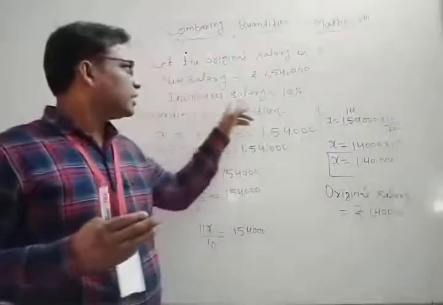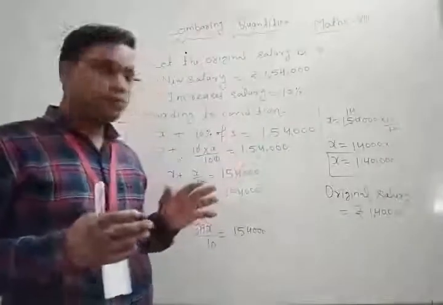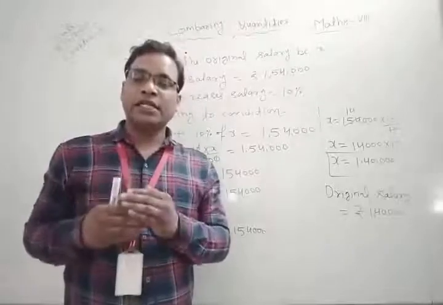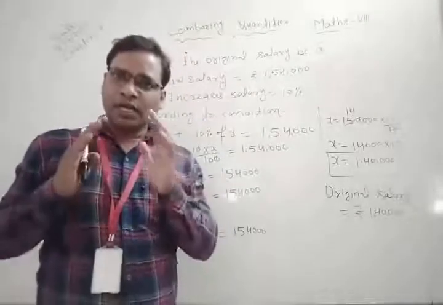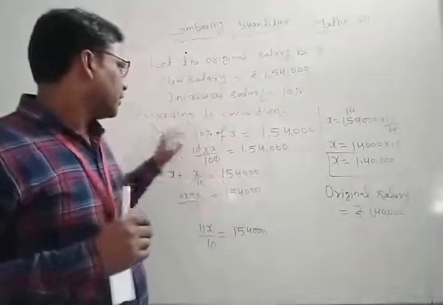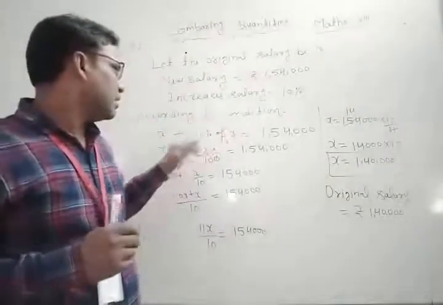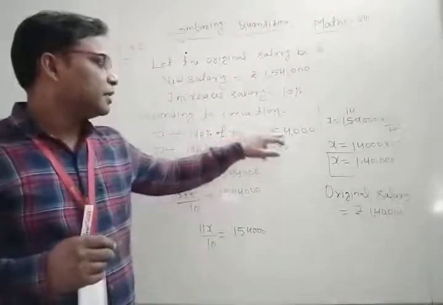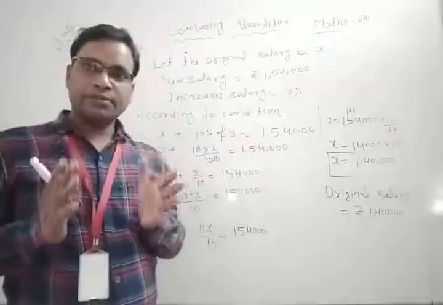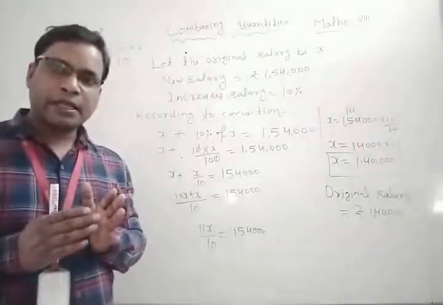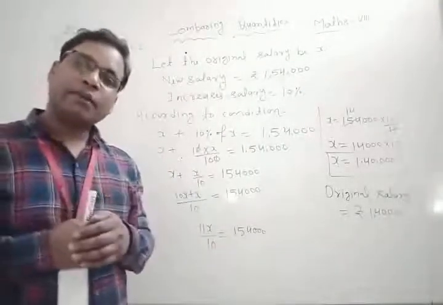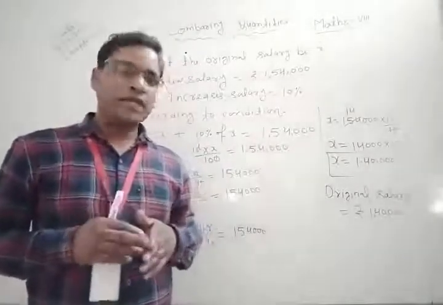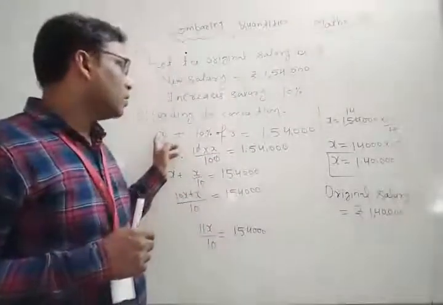This is the increased salary, 10%. If we sum the increased salary and original salary, then we obtain the new salary. So according to the condition, this is the original salary, this is the increased salary, and this is the new salary. The new salary is given here 1,54,000 and we let the original salary be x.